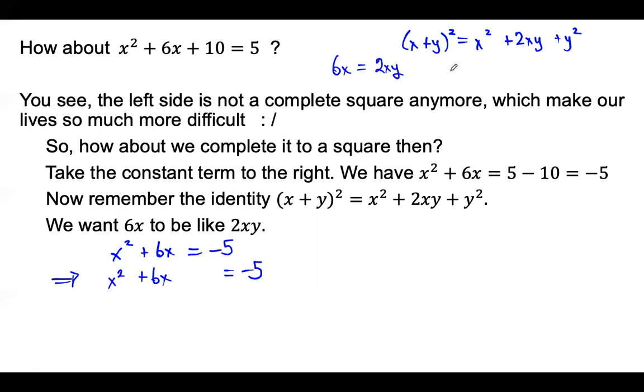So this implies, if you do the math, that y would be equal to 3. Then going back to this equation, y squared is 9. So we add 9 to this side and add 9 to this side. And then we continue doing the math.